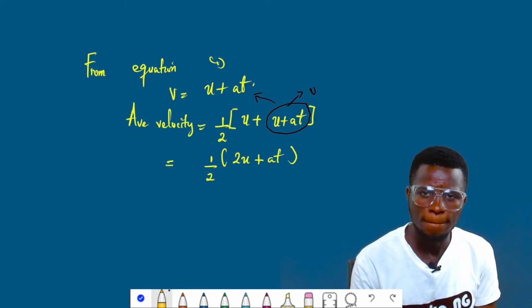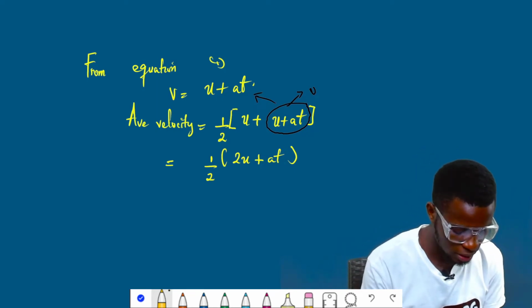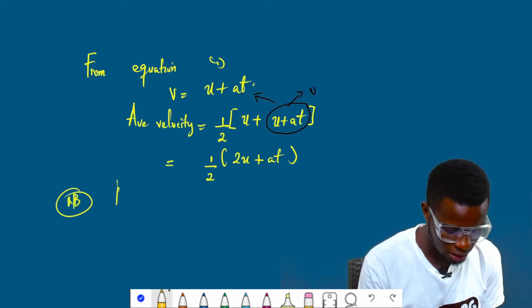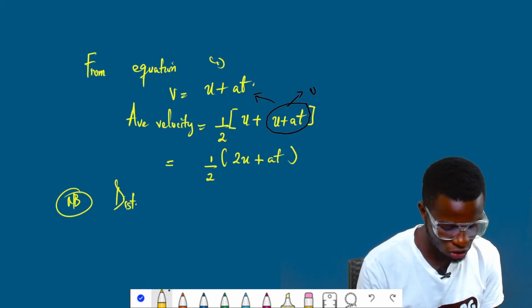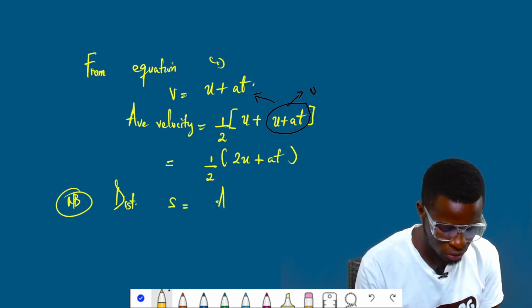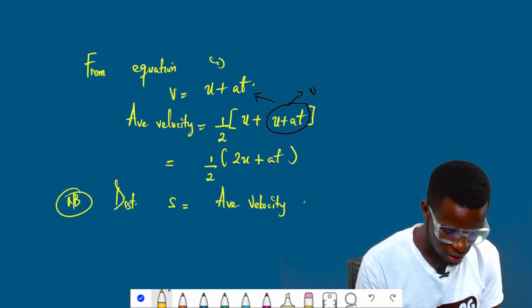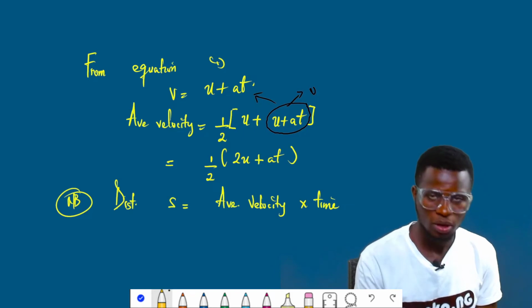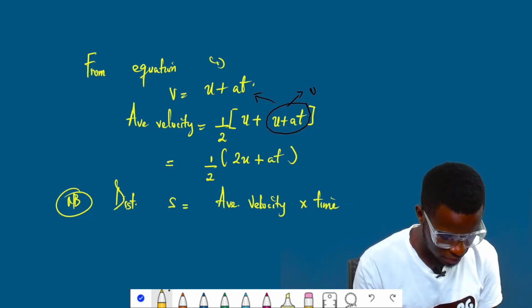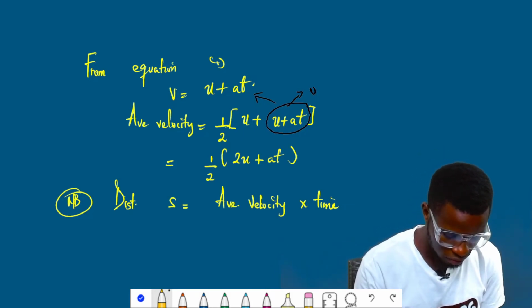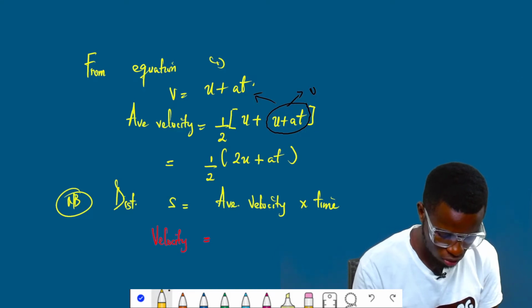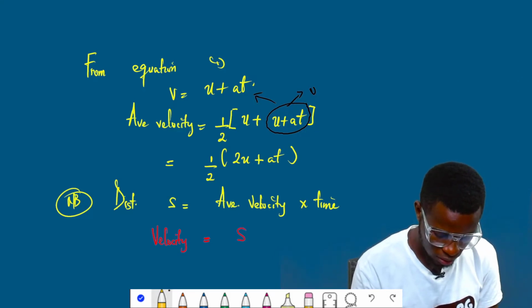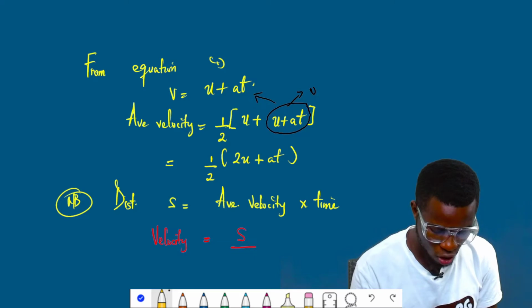All right, but let us take note that the distance traveled s is equal to the average velocity times time. Recall that we said that velocity is equal to distance s all over time.